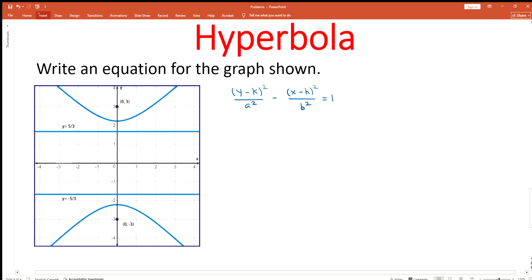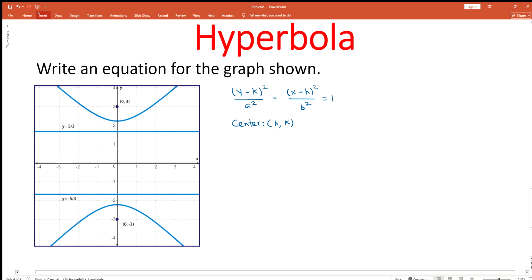For this hyperbola, the center is (h, k). To find the equation of this hyperbola, we need to find the values of h, k, a squared and b squared. We can find the center of this hyperbola from the given foci points.